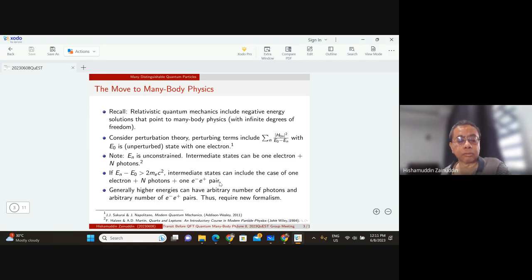Once you include that possibility, then instead of just one electron and the photons, you also have the virtual pairs of electron and positron, the antiparticle and particle. So the higher the energy, you can essentially have an arbitrary number of photons and an arbitrary number of electron positron pairs. This is why we said in the previous lecture that we really need a many particle theory, and we need a different formalism to really describe the physics there.